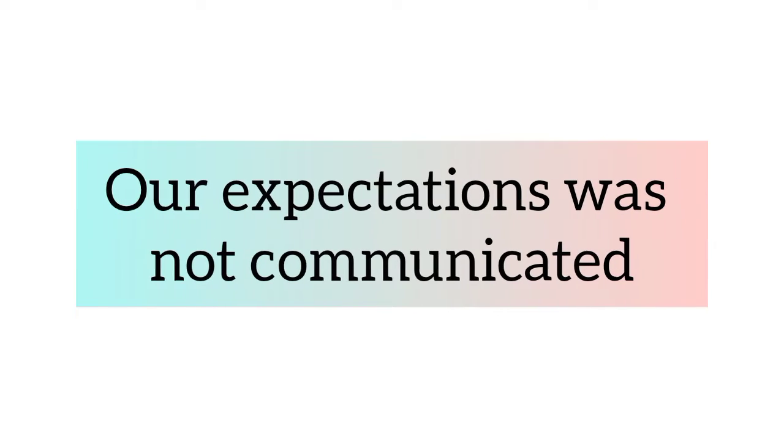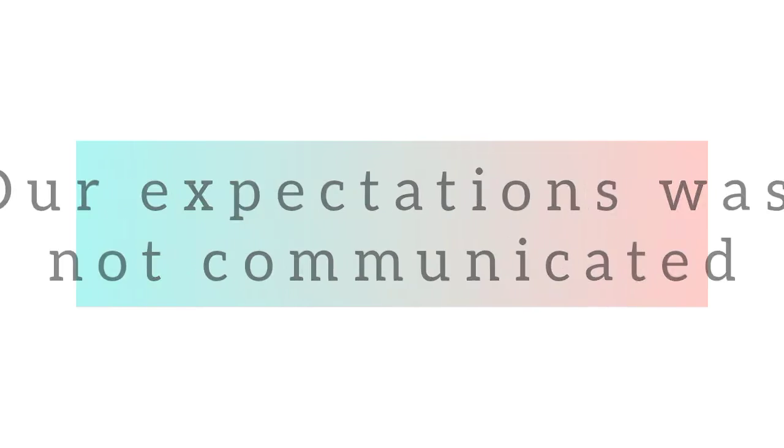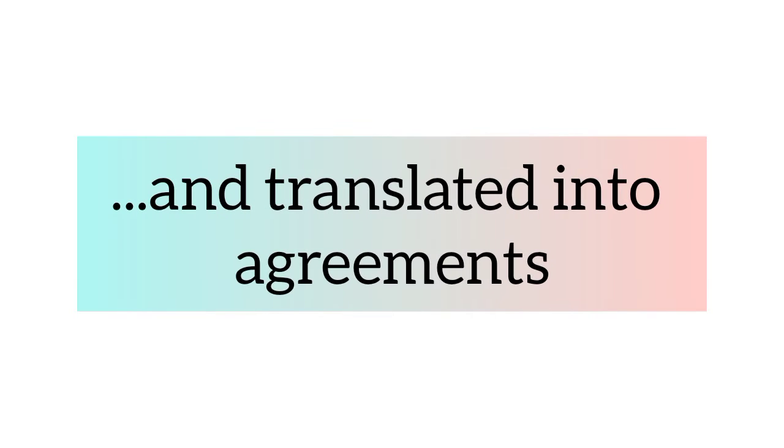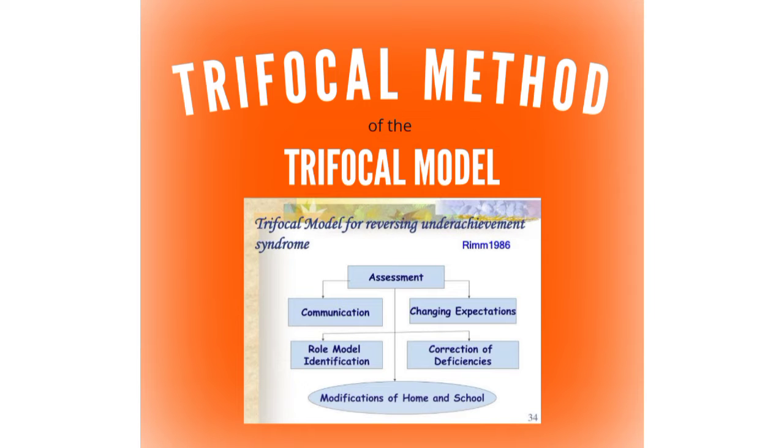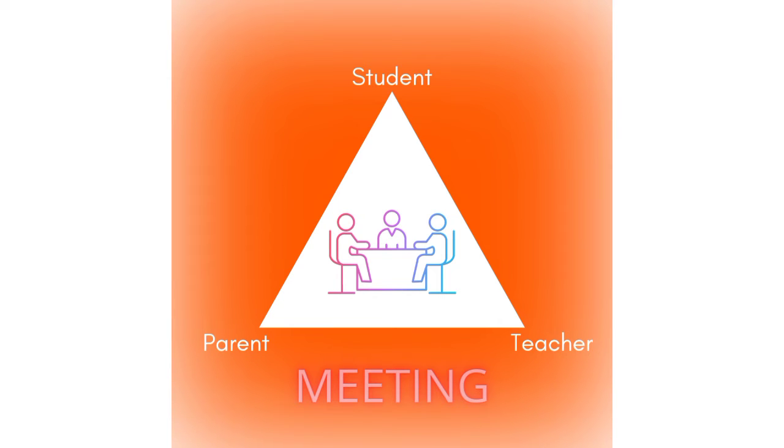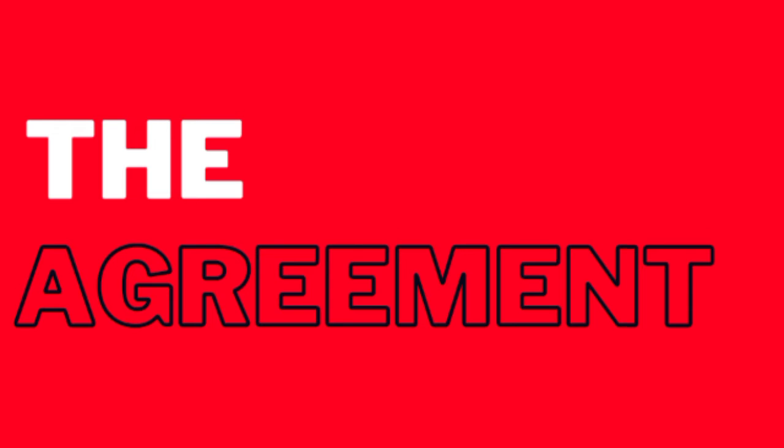Number one, our expectations were not communicated and translated into what are called agreements. When we use what is called a trifocal, we set up a meeting with the students and their parents to discuss our expectations and the roles that the students must play, and then we ask for the students' agreement.